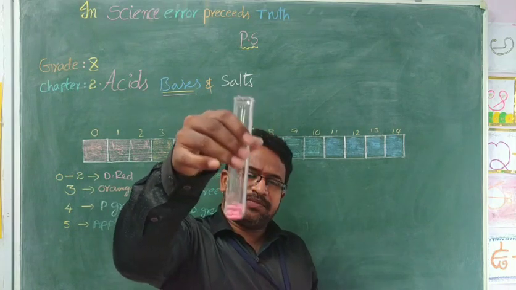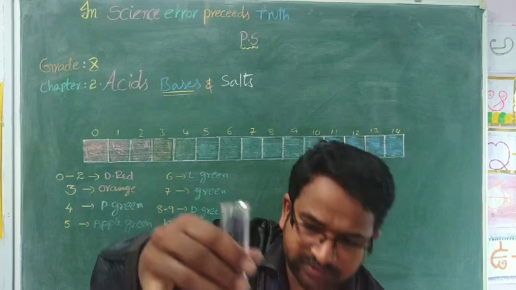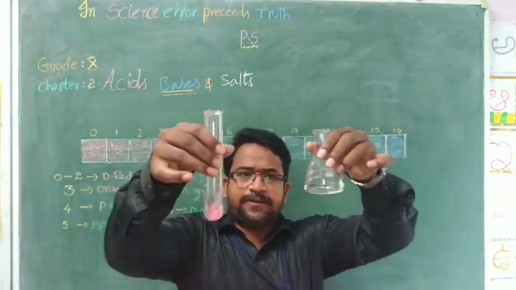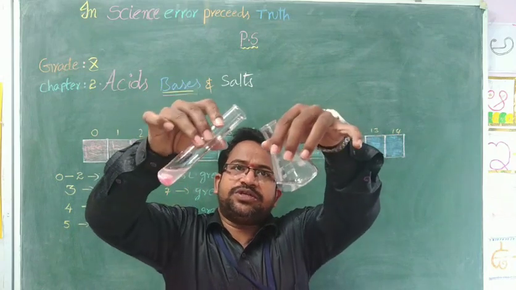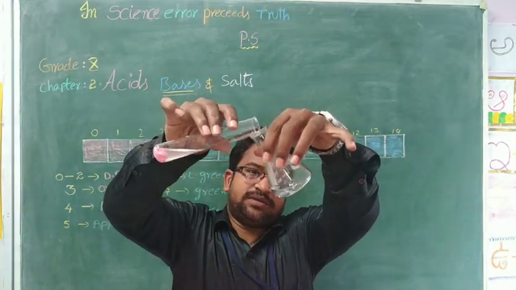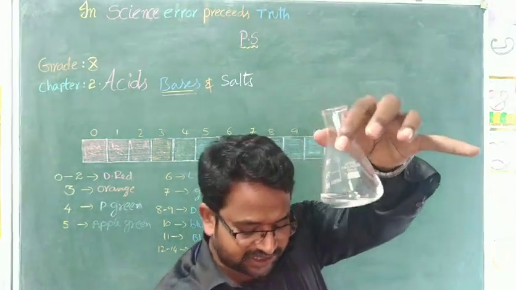Antacid solution. So what is there in your stomach now? Acid is there. To that acid, what am I going to add? Antacid solution. Let us see what happens. First we should know whether it is an acid or not.